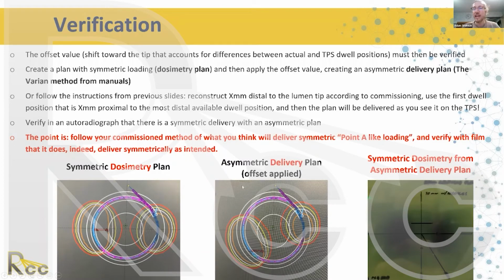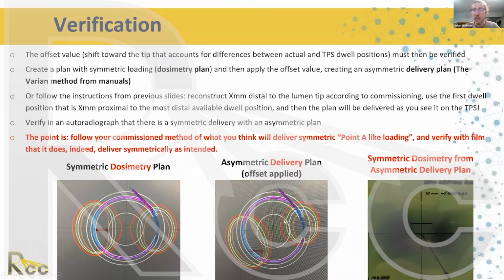So if I create a second delivery plan where I shift all my dwell positions, here in blue, these are my blue dwell positions, 5 millimeters further from the tip, like they are here, here's a delivery plan. I've shifted everything 5 millimeters further from the tip. When I actually deliver it, they'll be delivered 5 millimeters closer to the tip, just like we showed in commissioning.